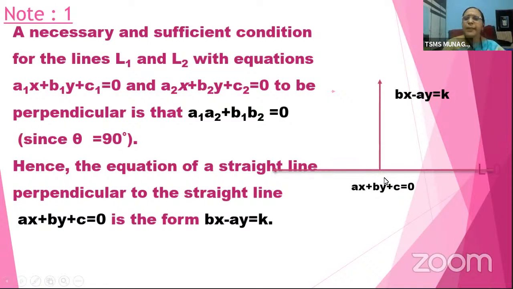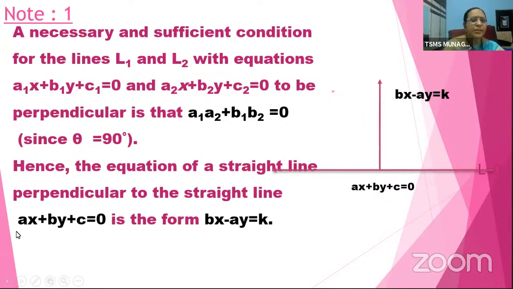Also, you can simply write the equation of the straight line directly from the standard form using this condition. What is the change that is going to happen with the standard form? The ax plus by plus c equal to 0 will take the form bx minus ay is equal to k for the perpendicular line. Please make a note, children. Here we are going to simply exchange the coefficients of x and y and change the sign of the second term.